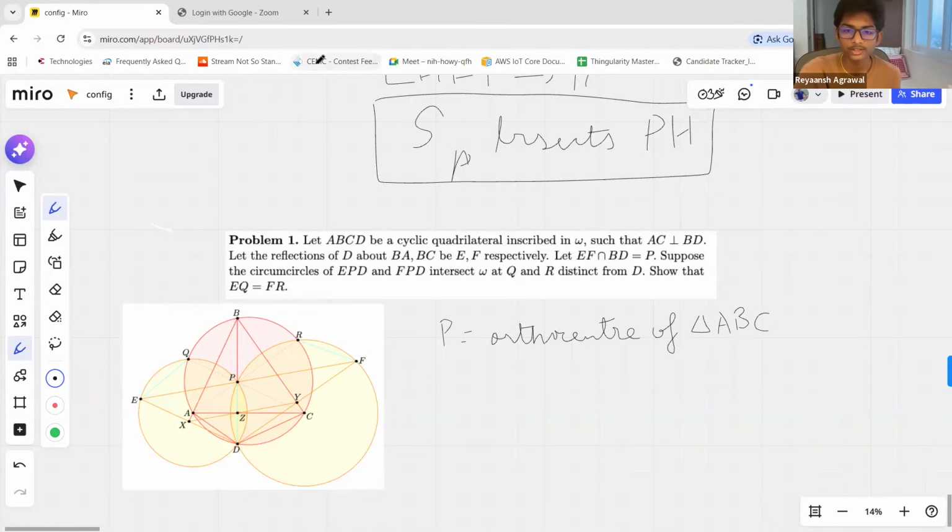Okay, sure, reflections of P. How do you prove that?